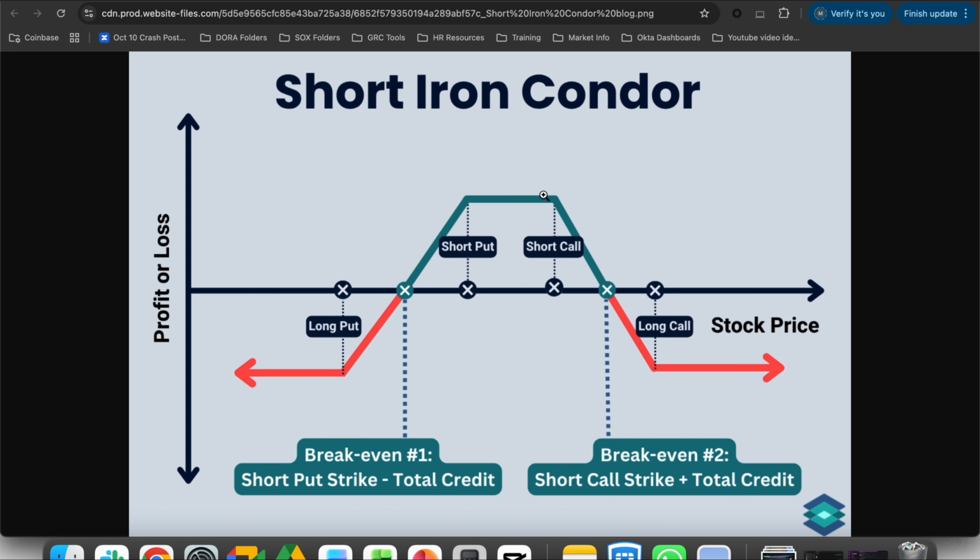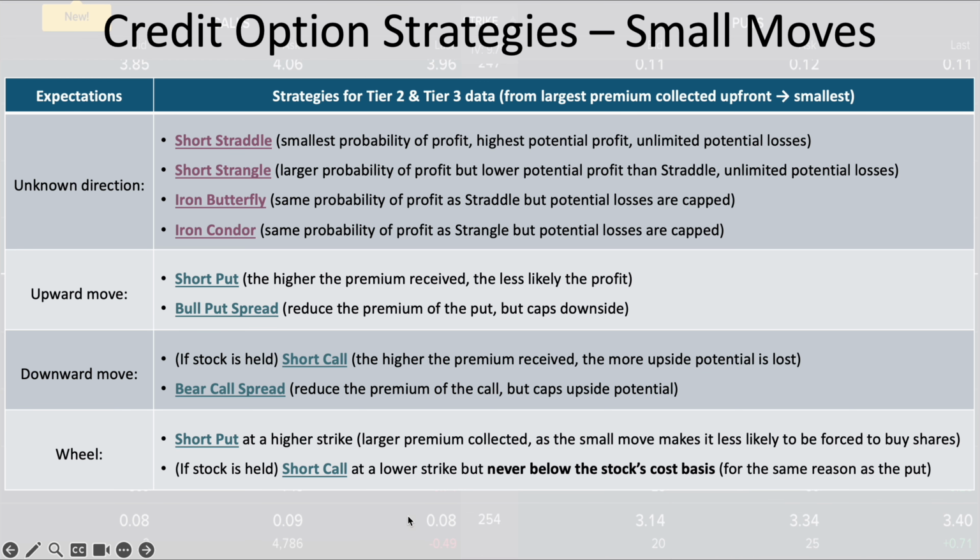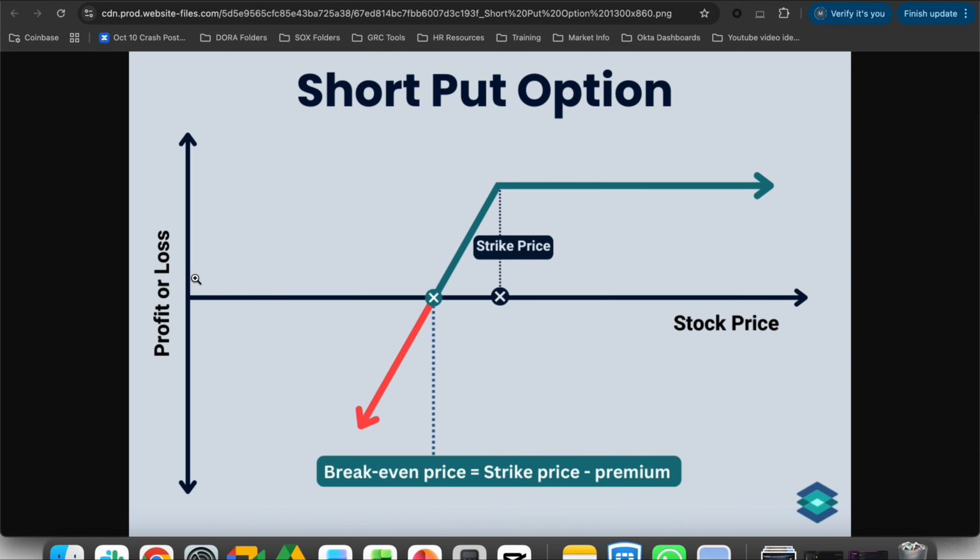Same thing with the iron condor. You have a short straddle in here, but then you buy a further out of the money call and a further out of the money put to protect yourself. But this is, of course, if you are not sure of the direction the move will be, but the move will be small. If you expect a small upward move, again, the best way is to sell a put, right?